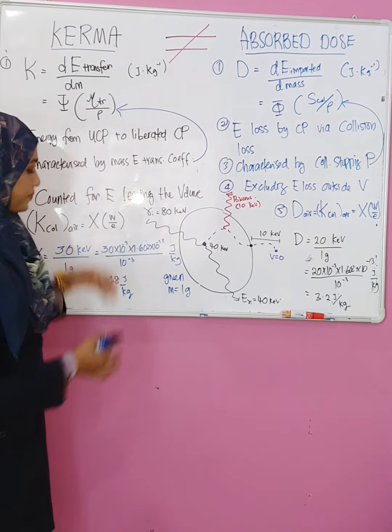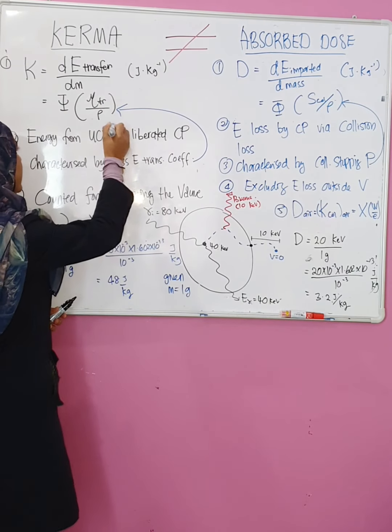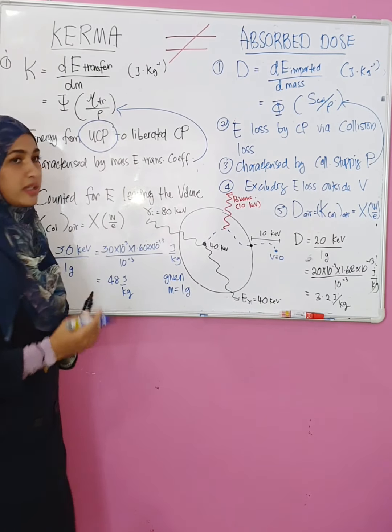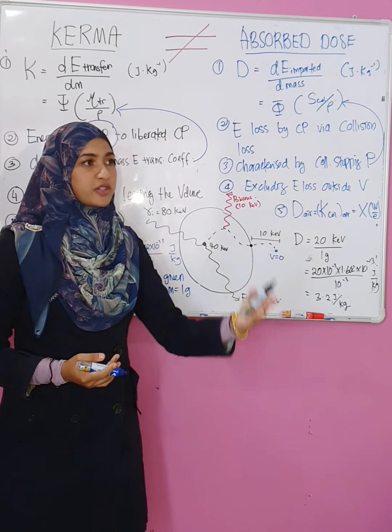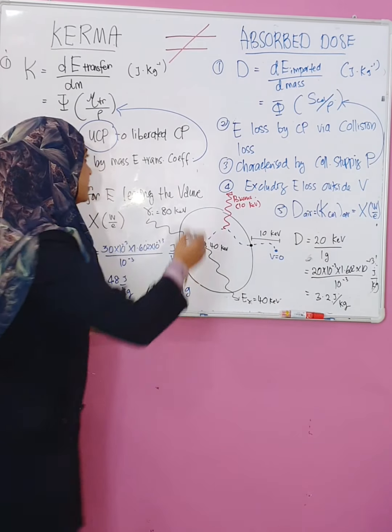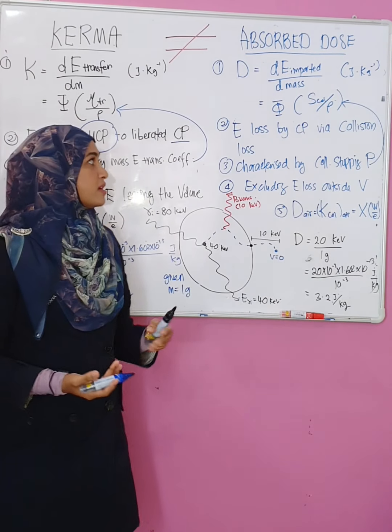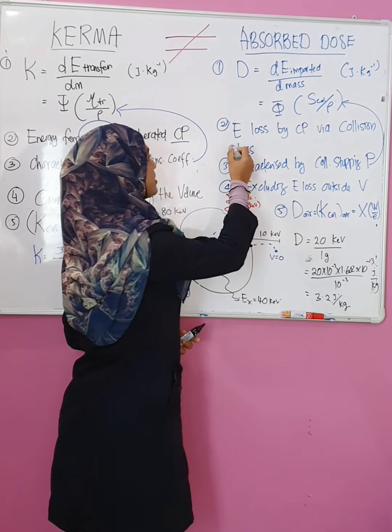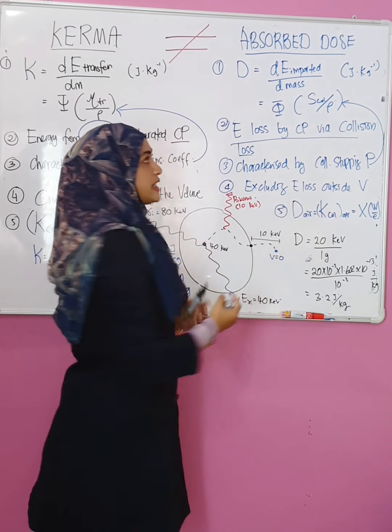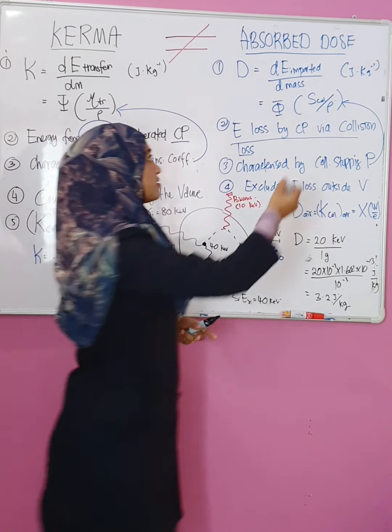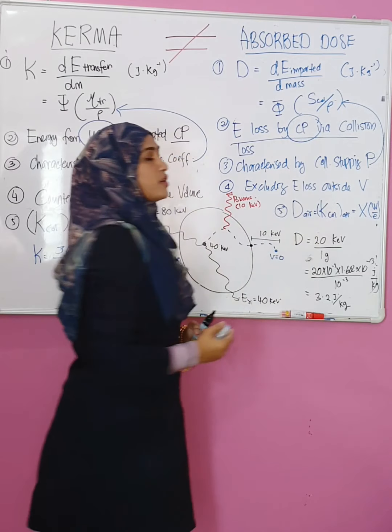For KERMA, the energy is coming from uncharged particles. It transfers energy to the charged particles, so that this charged particle can be freed from the atoms. Whereas for absorbed dose, it is actually the energy lost by the charged particles via collision loss.